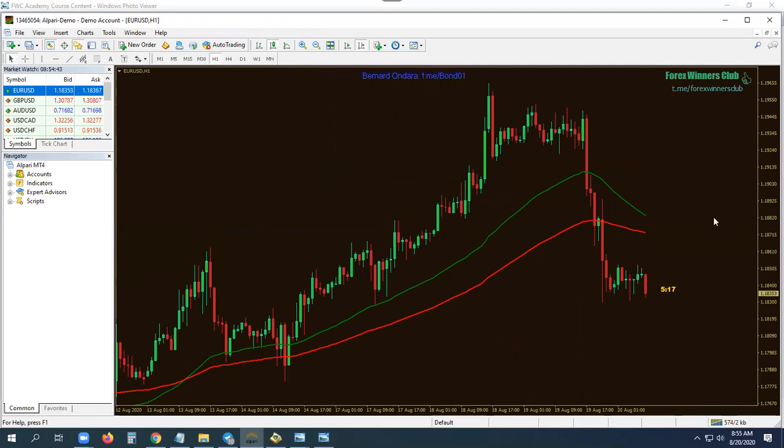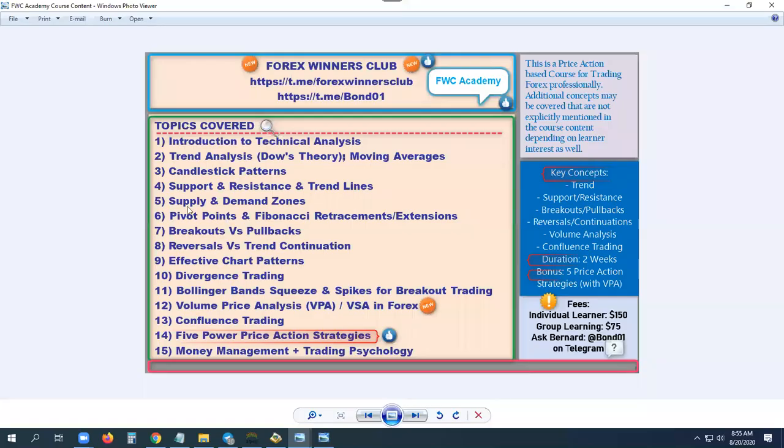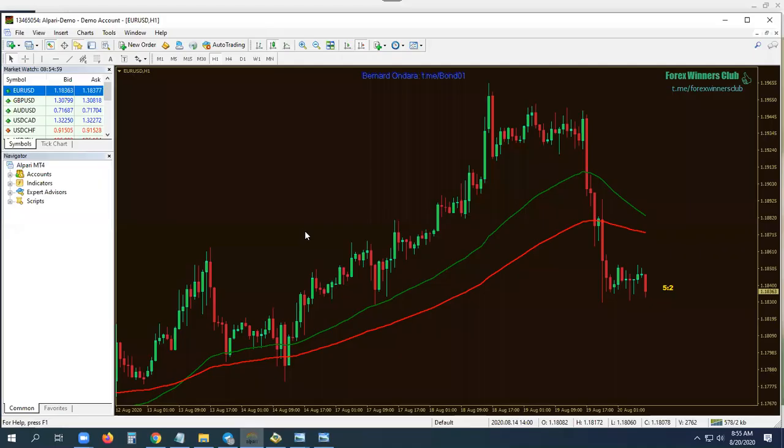Along the way, you will notice that in our course content, we were to talk about trend lines. So let's talk about trend lines. And then we talk about supply and demand zones. Okay. So trend lines are lines that move like that.